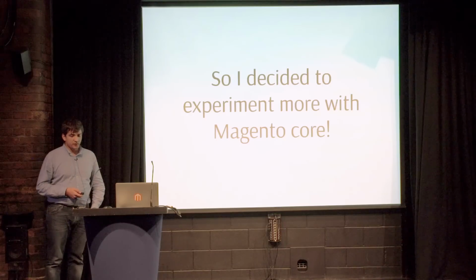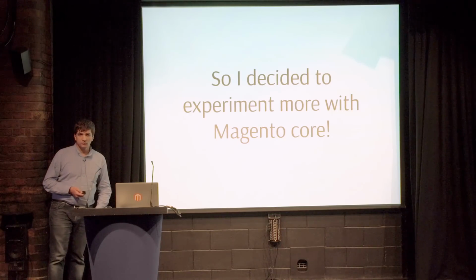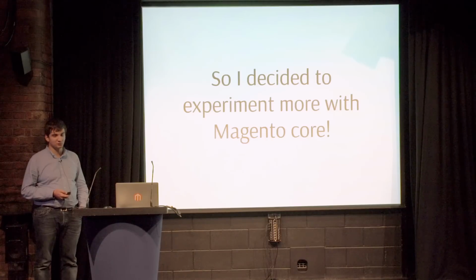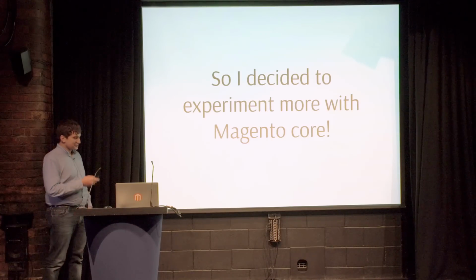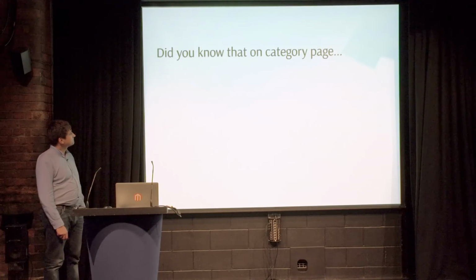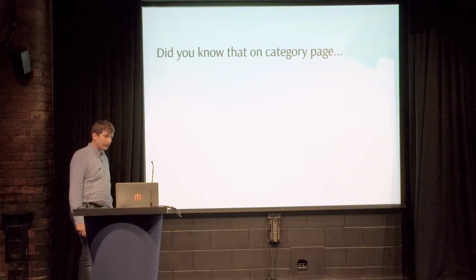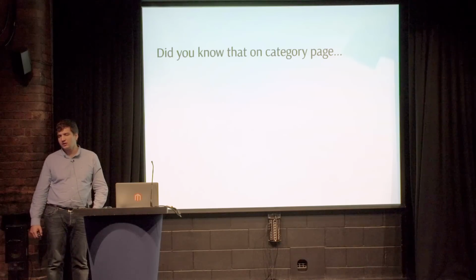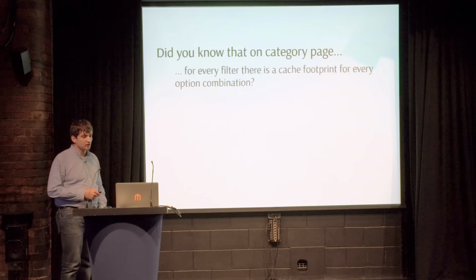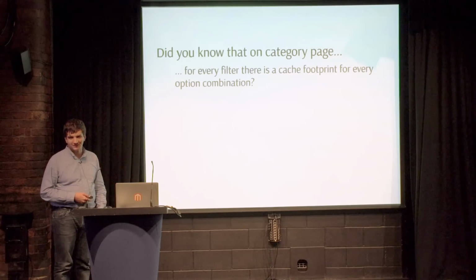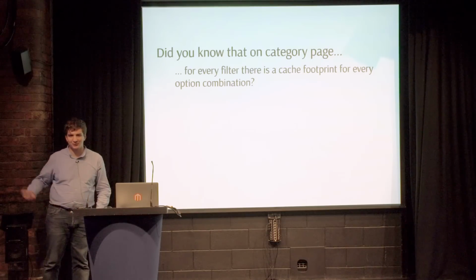So I decided to experiment a little bit more with Magento core code. Unfortunately, I didn't have that much opportunity when I was on the Magento core team. So I did another thing, and I took a look at Magento category pages, and I realized, okay, there's a little bit of a problem because every filter has a cache footprint as well, additionally to our layout cache footprint, right?